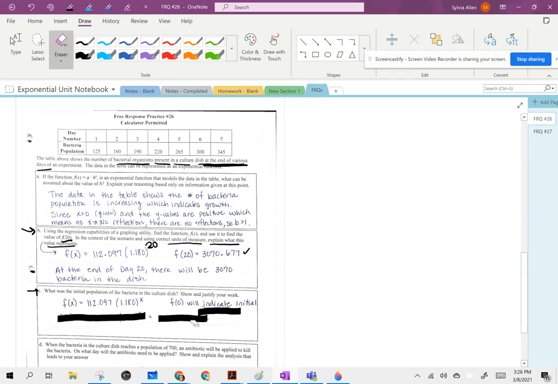So f of 0 will indicate the initial population. There is no 0 in the table, so we need to figure out what number that would be. If x was 0, then my initial population would be 112.097, which would just simply be 112.